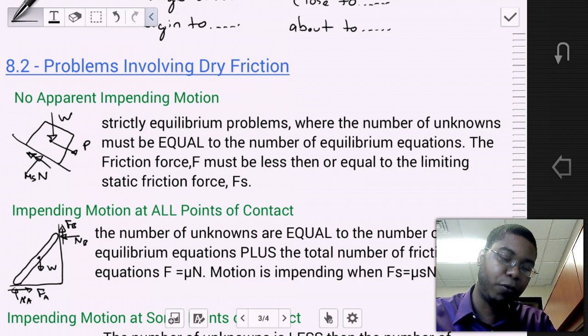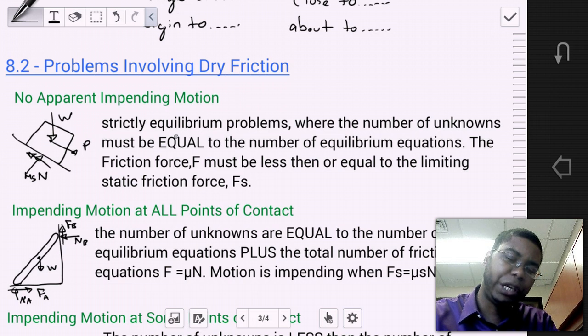In the case of this type of problem, it's strictly an equilibrium problem, where the number of unknowns must be equal to the number of equilibrium equations. The frictional force must be less than or equal to the value of the limiting static friction force Fs, right?